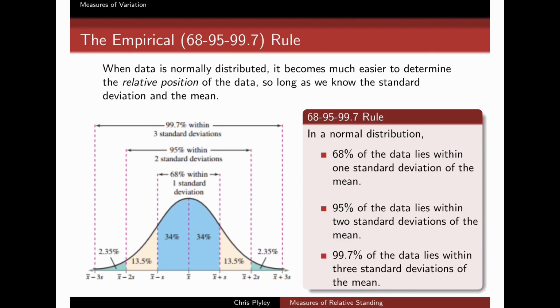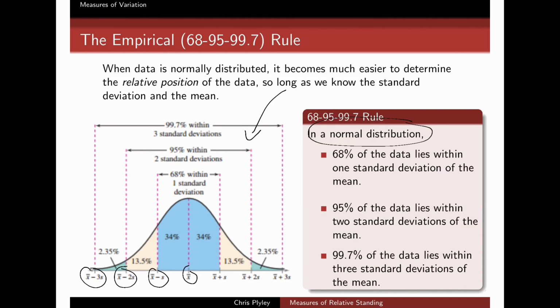And what we talked about last time was the 68, 95, 99.7 rule, which tells us that when our data is indeed normally distributed, and it only works for bell curves, do not forget that, we can use this graph to determine what percent of our data will fall between these various ranges.